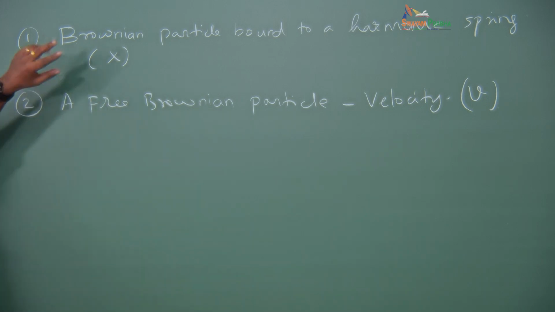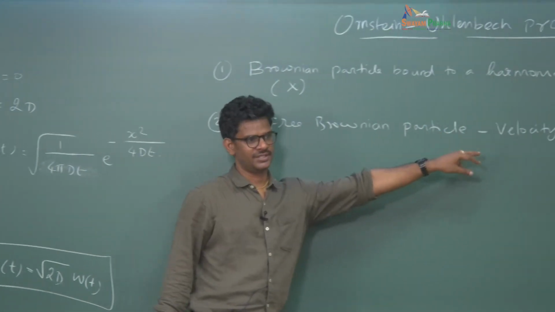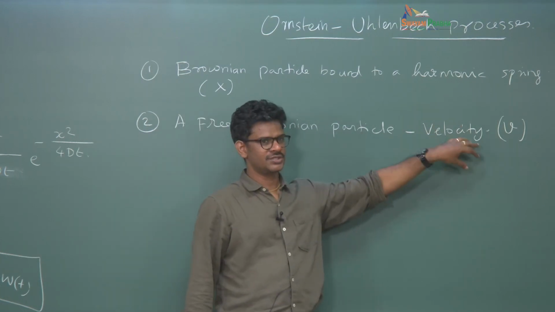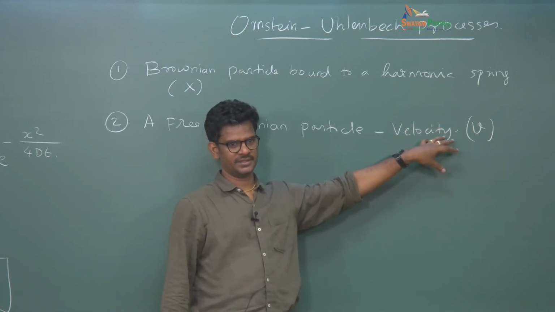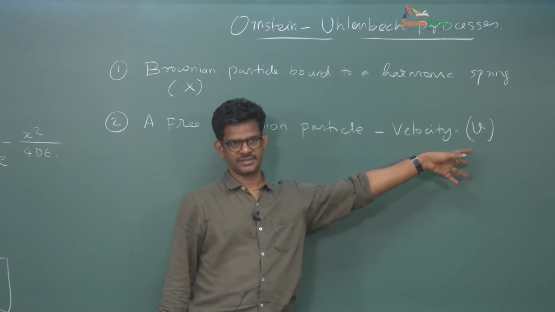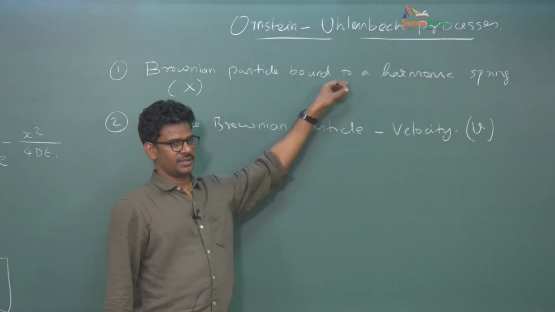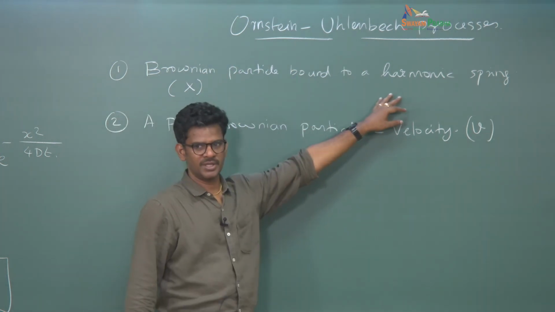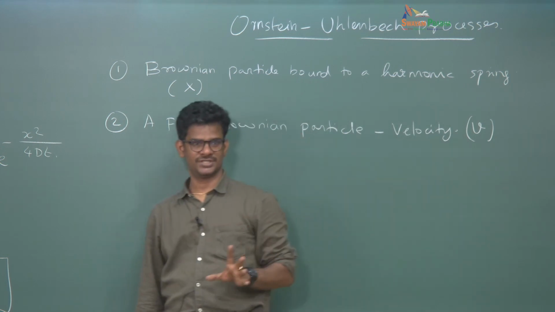So these are two different problems. So here we are talking about free Brownian particle's position, and here I am talking about free Brownian particle's velocity. I wanted to describe the velocity of a free Brownian particle as a random or stochastic process. Here I have a Brownian particle bound to a harmonic potential, and I am interested in the position.